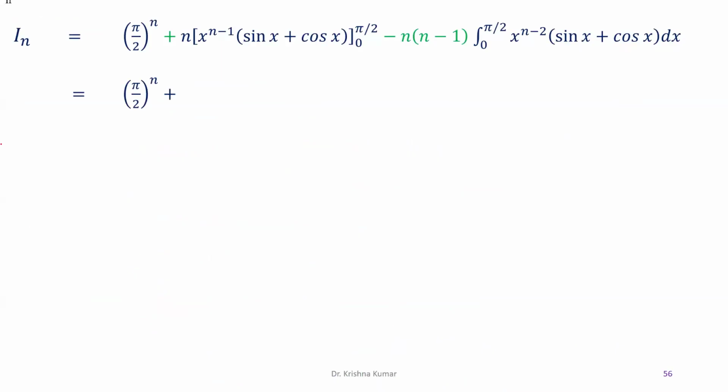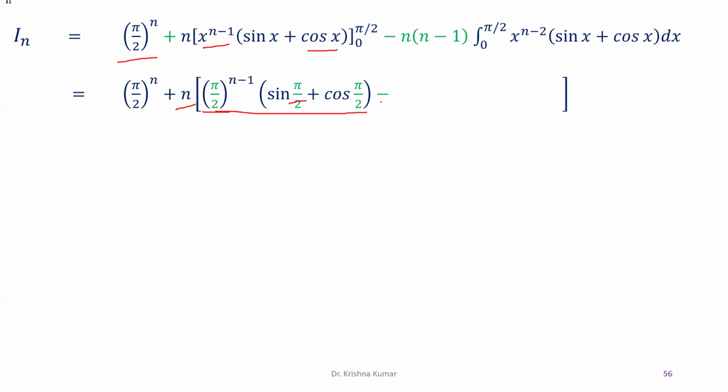The first part is (pi by 2) to the power n plus n times (pi by 2) to the power n minus 1 times (sin pi by 2 plus cos pi by 2). This is upper limit minus lower limit, which is 0 to the power n minus 1, and it is n minus 1. And then sin 0 plus cos 0, minus n into (n minus 1) times, and this is nothing but, in place of n, it is n minus 2.